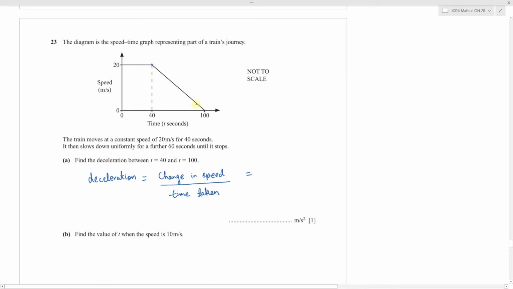It went from 20 to 0. So change in speed is 20. How much time did it take? This time interval is 100 minus 40, which is 60. So the 0s cancel out, and this will be 1 by 3 meter per second square. This will be your deceleration between t equals 40 and t equals 100.